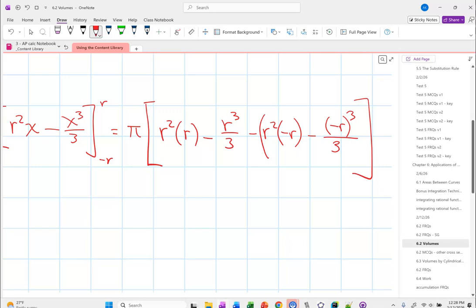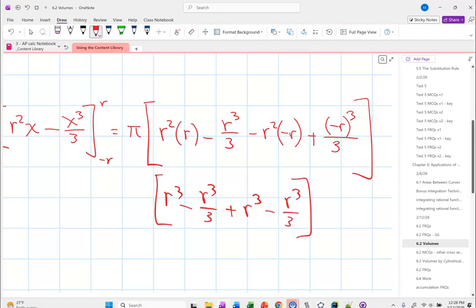I'm going to distribute through the negative. Good there? So I have r cubed minus r cubed over 3 minus a negative, so that'll be plus r cubed. And then negative r cubed is negative, so I'll just have minus r cubed over 3.